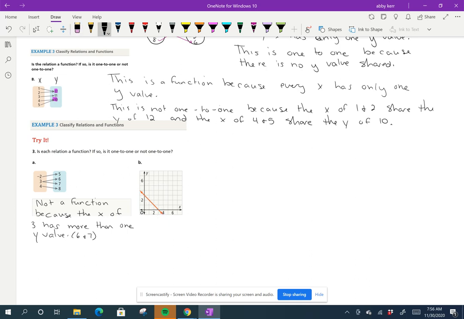So B would be a function. Because every x value has only one y value.